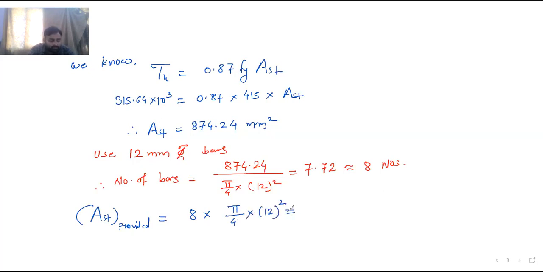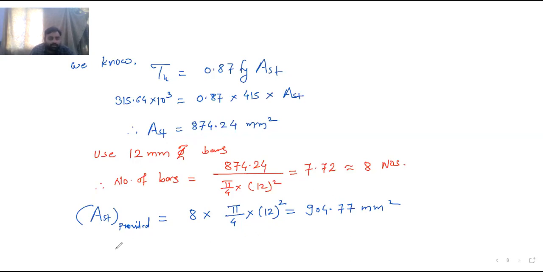So do the calculation for this. It is 904.77 mm square. So this is the AST provided.